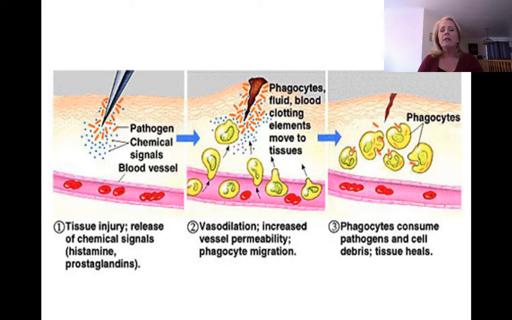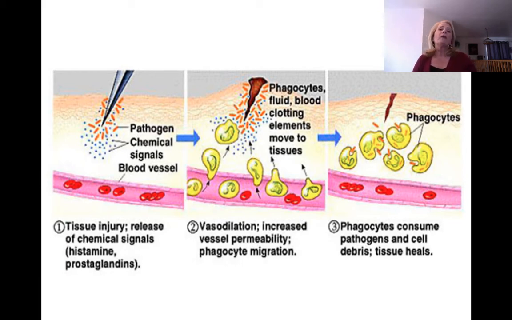Now, because of these fenestrations, it allows phagocytes to leave the blood vessels and then to migrate into the region where, let's say, that splinter is and any bacteria that might have got in there, and then the phagocytes, through phagocytosis, are able to eat up and destroy that cellular debris.